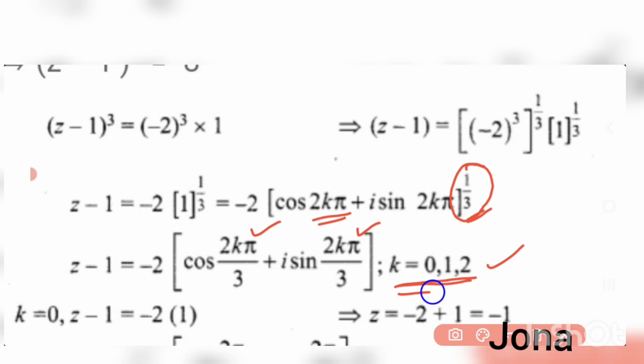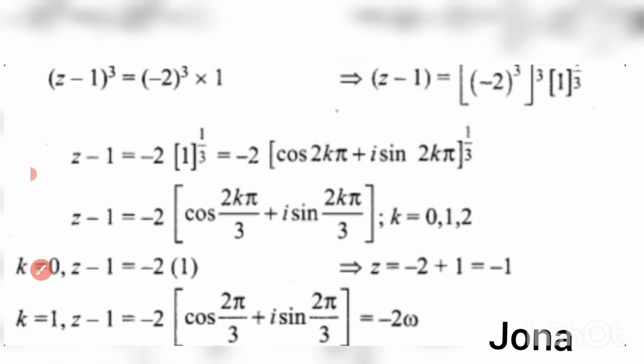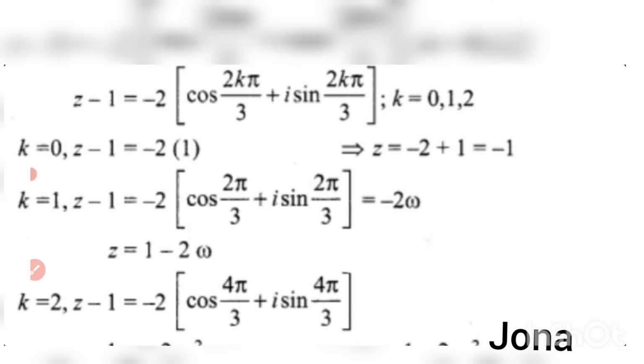For this we want to find the value of k, which is 0, 1 and 2. So let me find the values one by one.